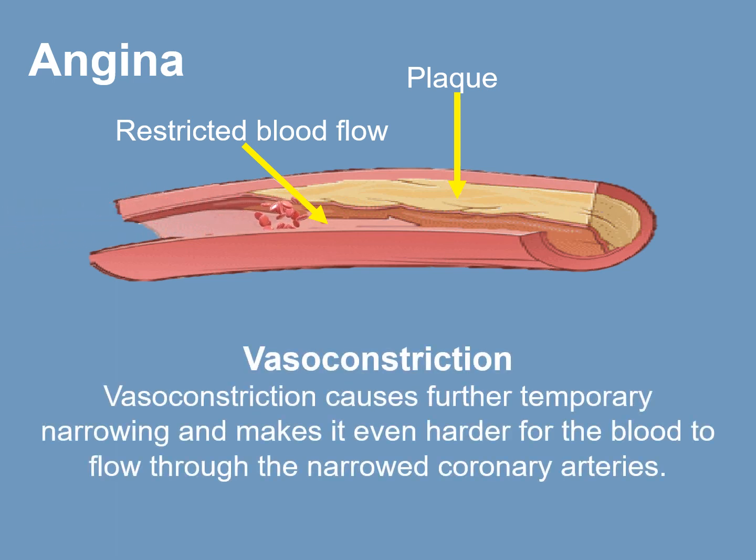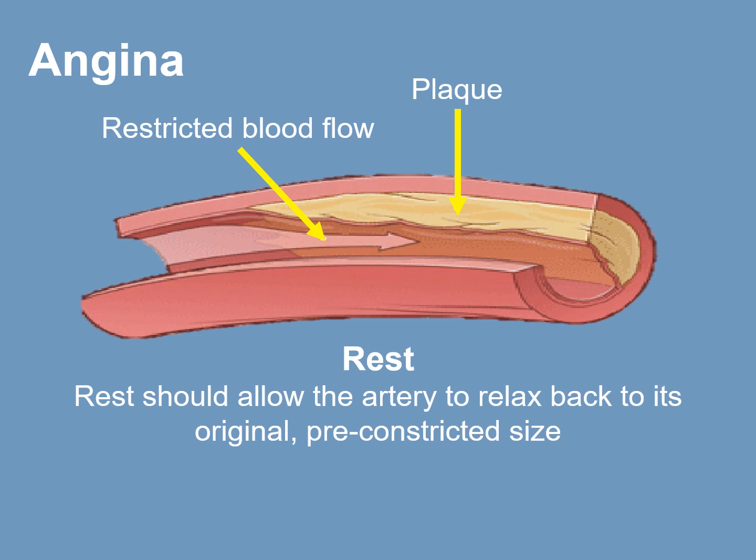If someone is suffering from an angina attack, we should encourage them to rest. With rest, their symptoms may subside as the blood vessels relax back to their pre-constricted size. Angina shares many of the same symptoms as a heart attack, but usually gets better with rest and/or medication.